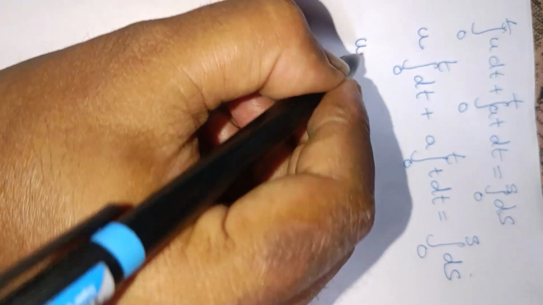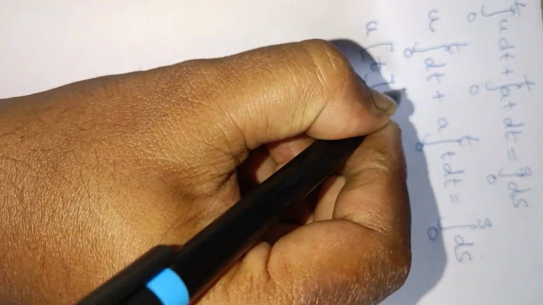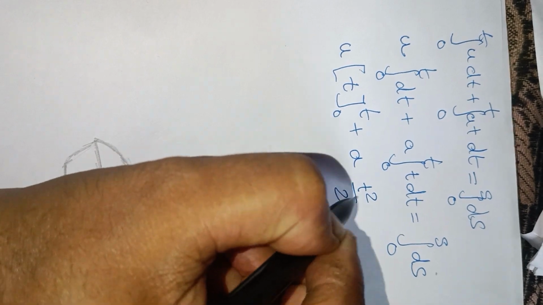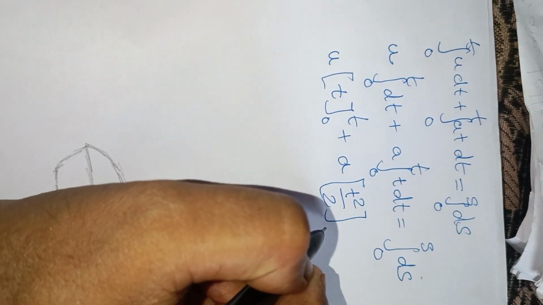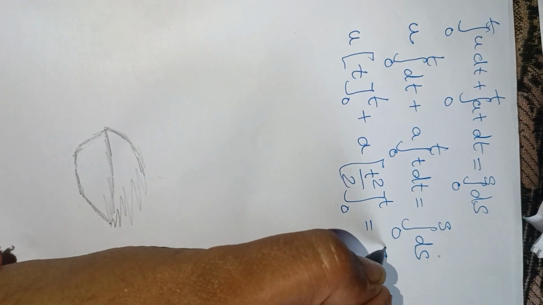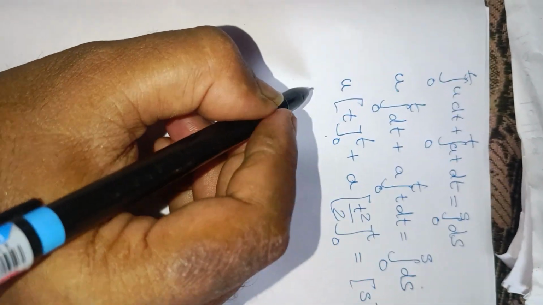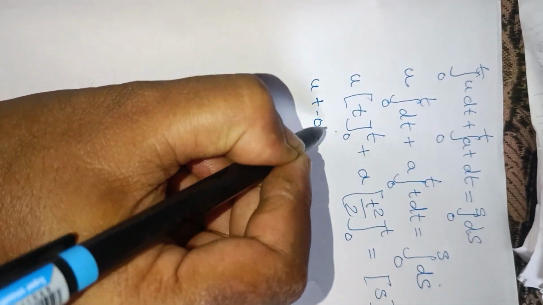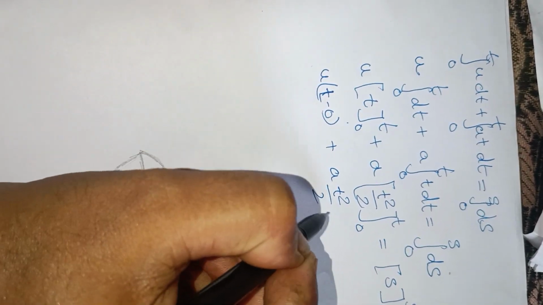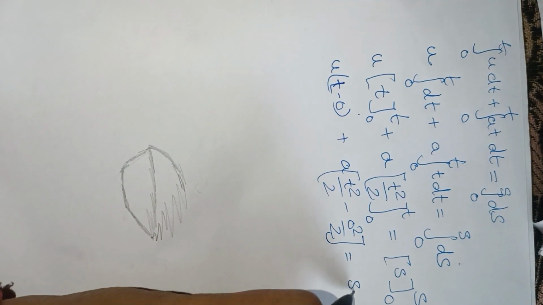So we write u times t under the limits 0 to t, plus a times t²/2 under the limits 0 to t, equals s under the limits 0 to s. Now we write upper limit minus lower limit: u(t − 0) + a(t²/2 − 0²/2) = s − 0.